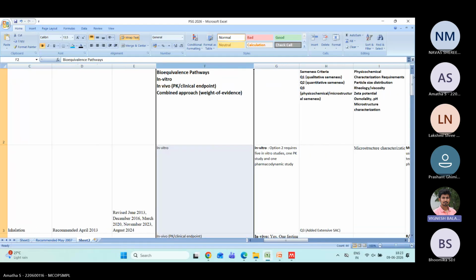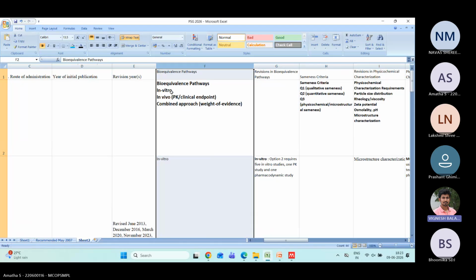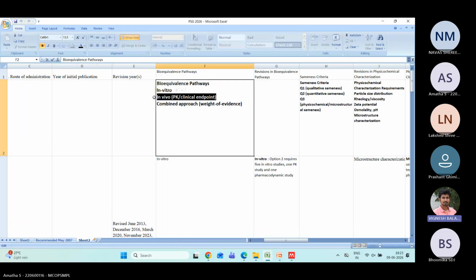In the first Excel sheet, you can see in vitro as a separate column, in vivo as a separate column, and weight of evidence as a separate column. All these three tests will come under the class bioequivalence pathway. So I club them together and make them into a single class.